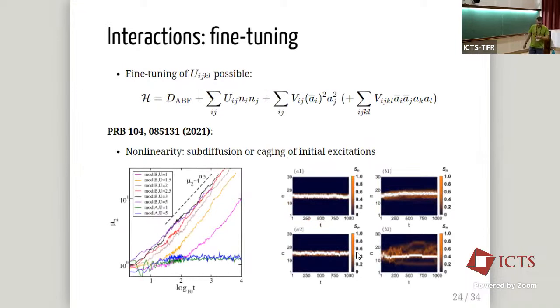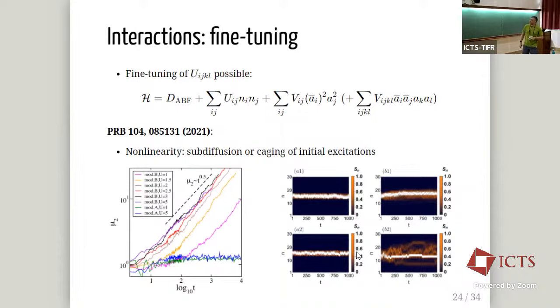To get some intuition, we looked at the nonlinear version of the model first. Instead of looking at the Hubbard interaction, we just considered, say, Kerr nonlinearity. And it turned out that fine-tuning of this generic interaction is possible. That is, combining the all-band flat lattice geometries and the type of nonlinearity allows you to kill some of these terms and, for instance, end up with just the density-density terms plus these terms, which in the quantum case exactly correspond to taking two particles on one site and moving them coherently to another site.